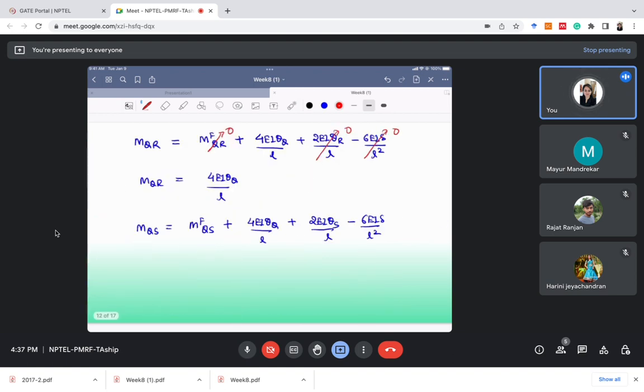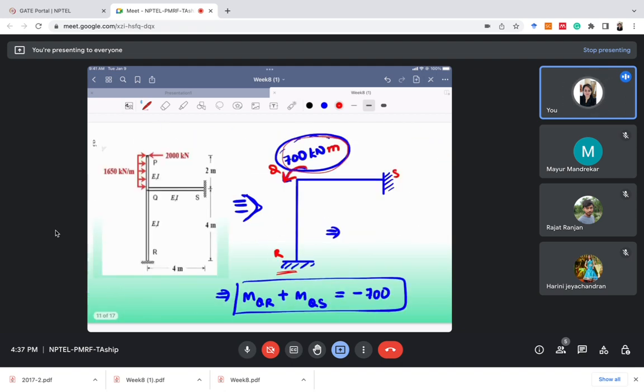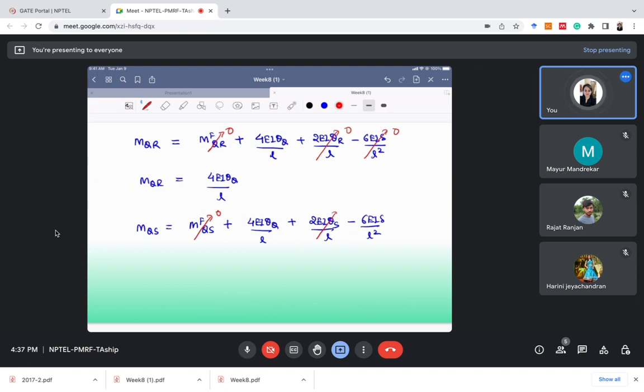No, right? So we can remove this term. Theta Q will be there. Theta S? No, because S is also a fixed support, so theta S will be 0. Is there any settlement or sinking? No. So this term will also be 0. So MQS we can simply write as 4EI theta Q over L.